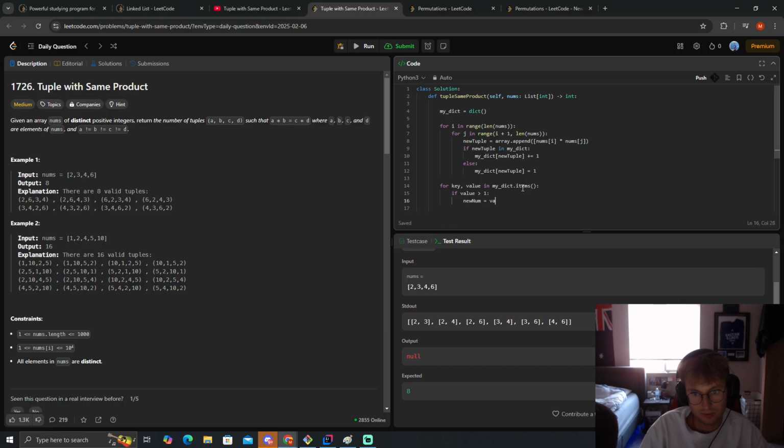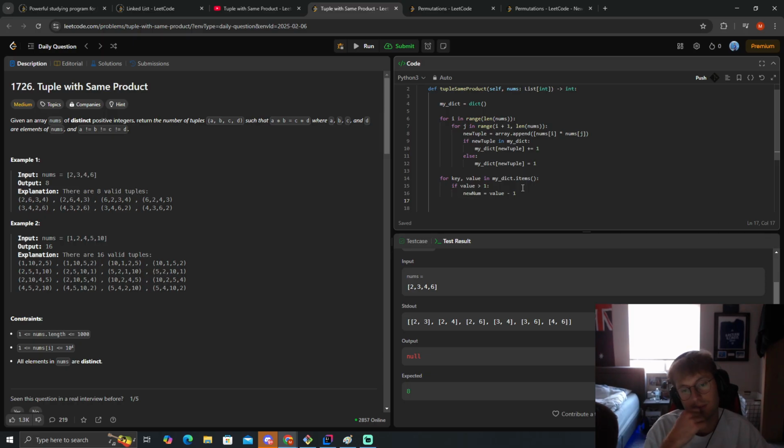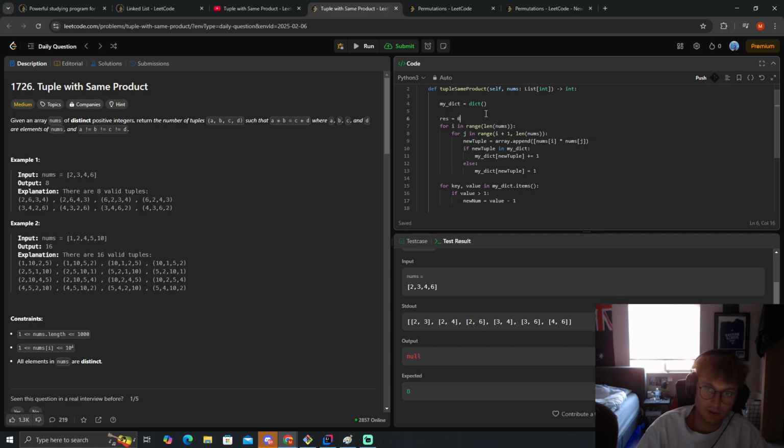Then the new value is equal to value minus 1, and then make our res equal to 0.